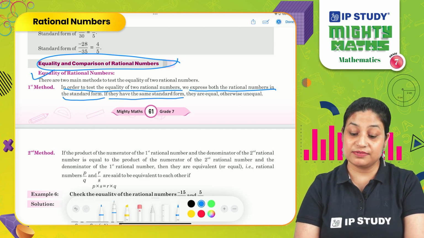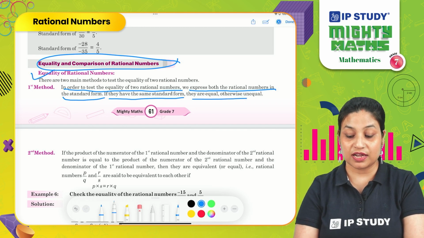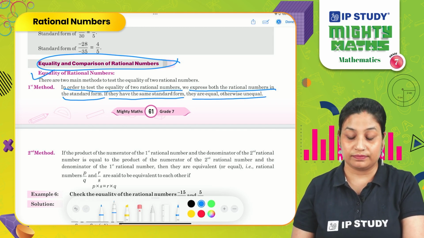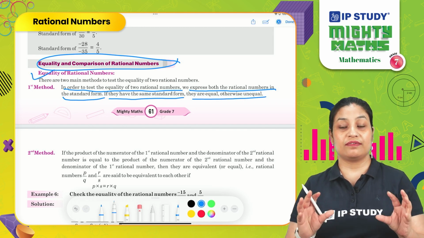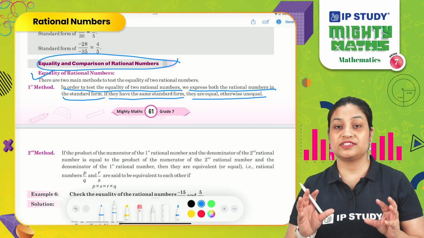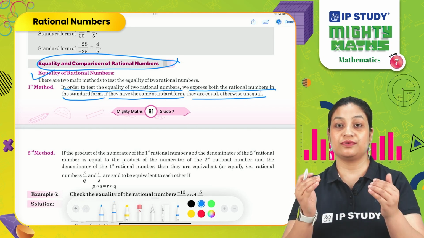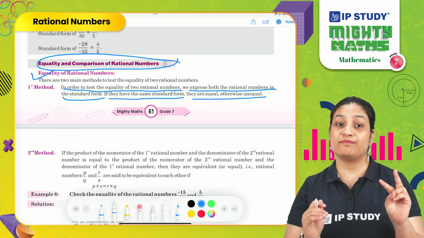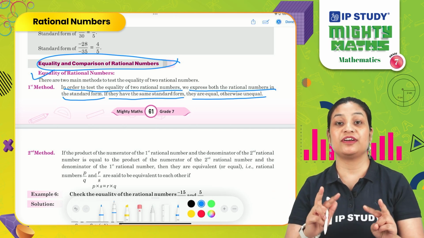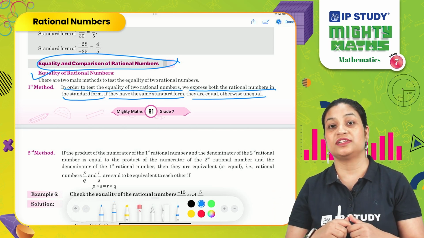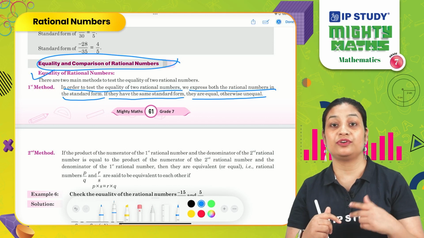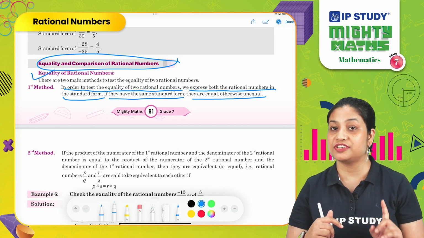If they have the same standard form, they are equal, otherwise they are unequal, right? So whatever rational numbers you are given, first reduce them to the simple form. If both the rational numbers get the same reduced form, it means that they are equal. This is how you can find out if the two rational numbers are equal or not. This is the first method.